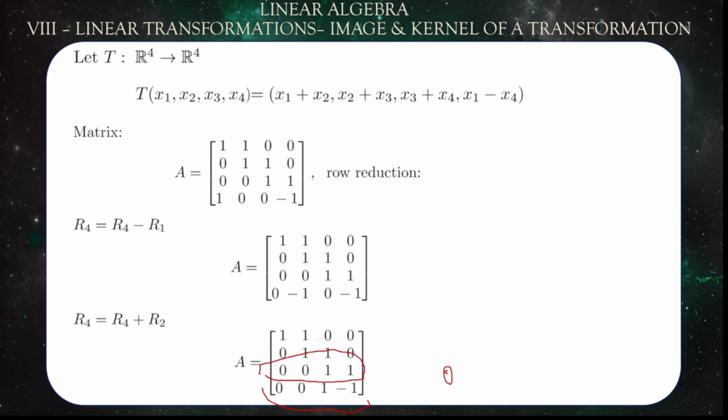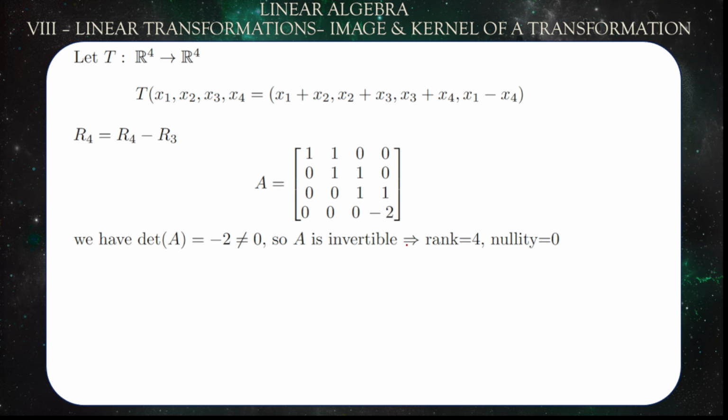So 0, 0, 1, minus 1, that's row 4, and minus R3, so 0, 0, minus 1, minus 1. So you end up with 0, 0, 0, and minus 2. Let us check it out. 0, 0, 0, minus 2, and it became a triangular matrix, which is exactly what we wanted.